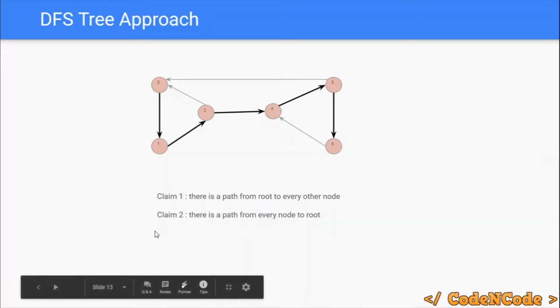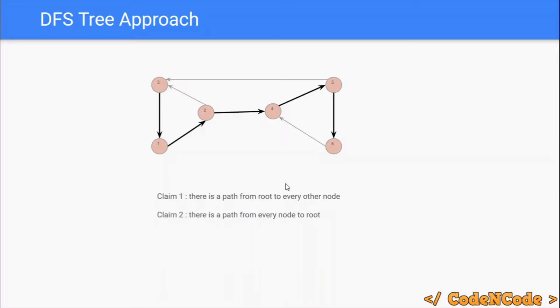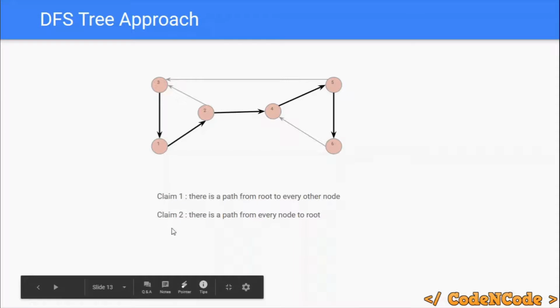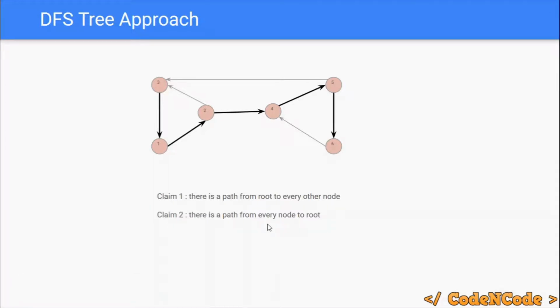So this way we prove claim 2 as well. So the question is, how do claim 1 and claim 2 make sure that the graph is still connected, that is, there is a path from every node to every other node.